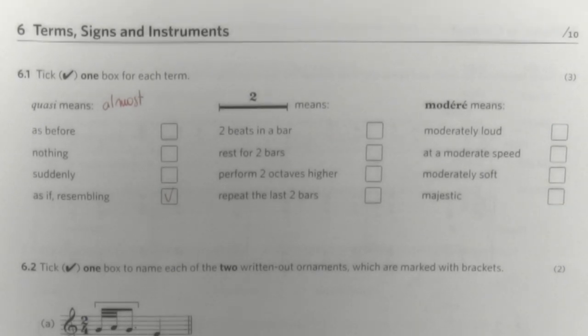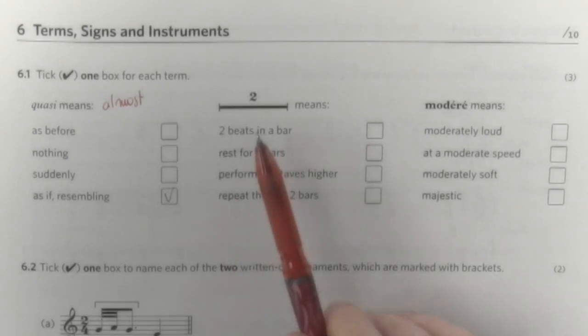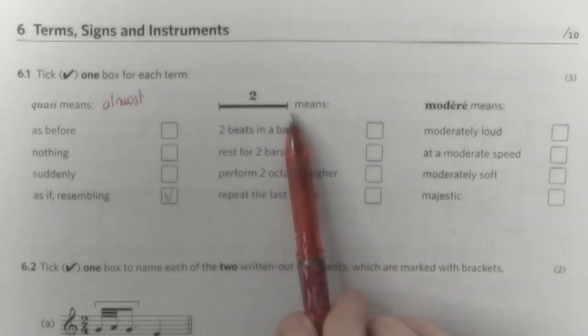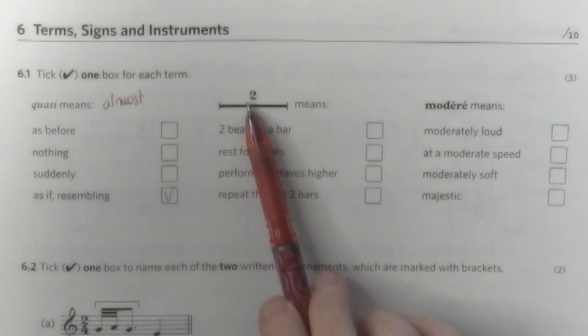Listen to loads of music and look at the score, and you will see that you remember the sound that people are creating and you remember the effect, and so you remember the meaning. For example, this 2 means in this case that we have 2 bars rest.